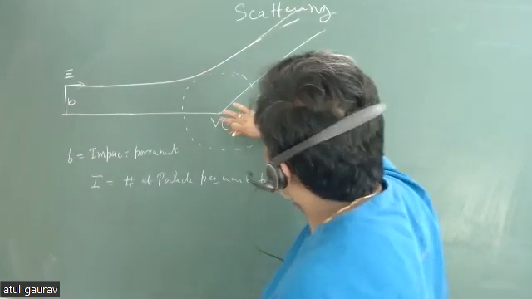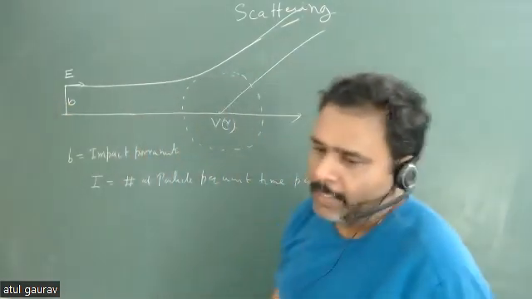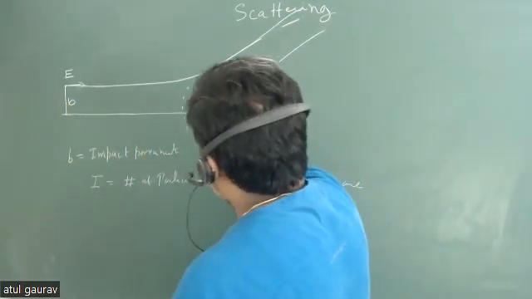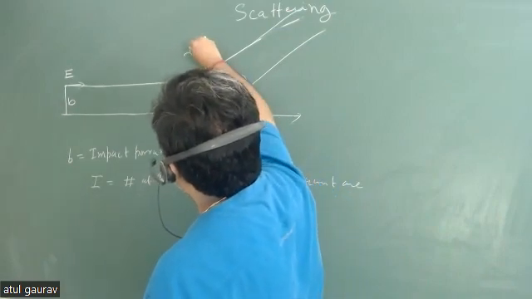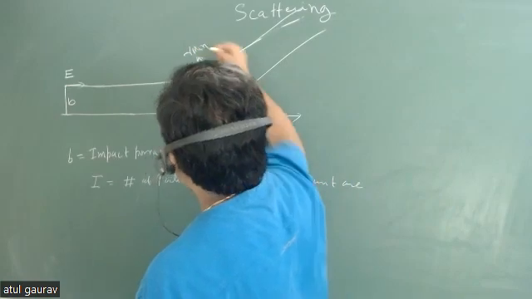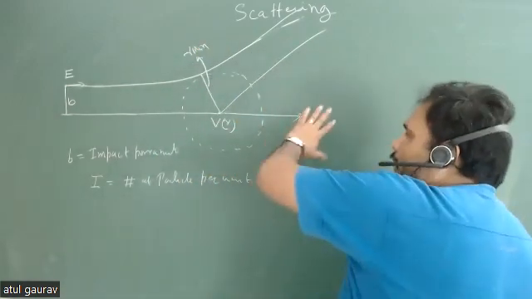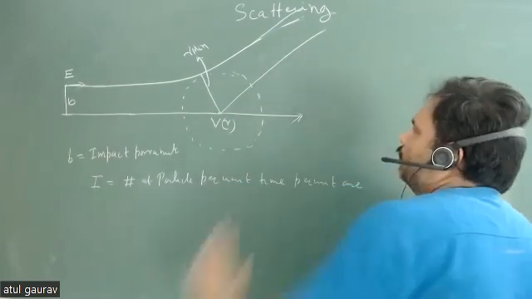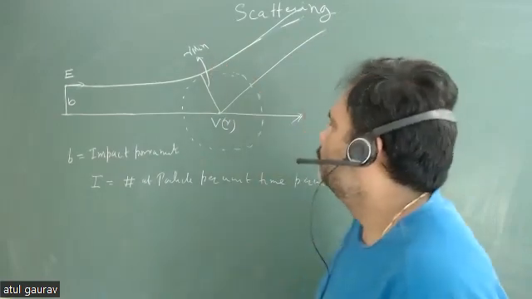What is the meaning of asymptote? This is the tangent at infinity. And this distance is known as the minimum distance, r minimum. You can assume this is your incident line, I am not confusing you with the z-axis.